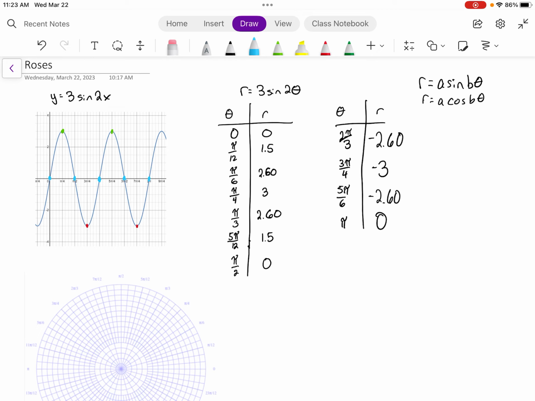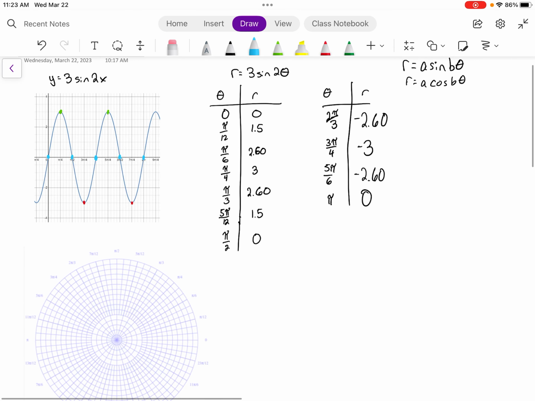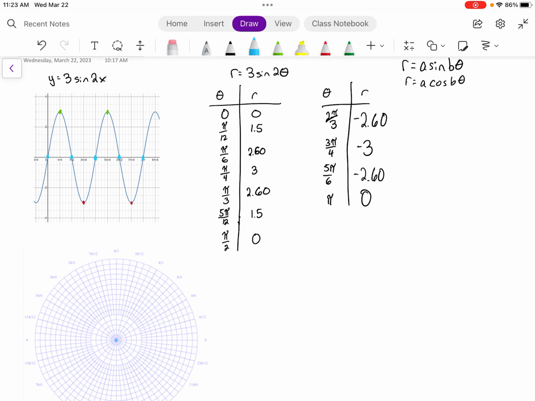So all of my blue points are obviously going to be at the origin, because r is 0 there. And then where are my green points? My green points are at 3 comma pi over 4. I keep on talking about these guys as theta comma r, but they are r comma theta.